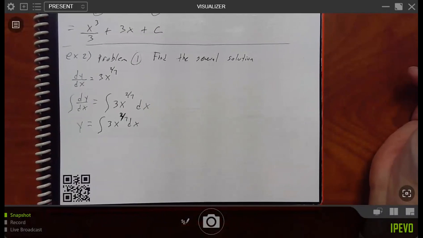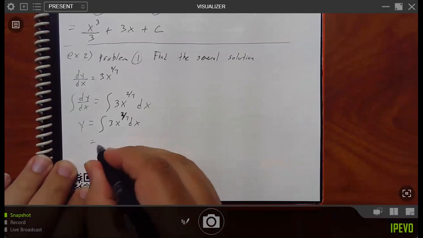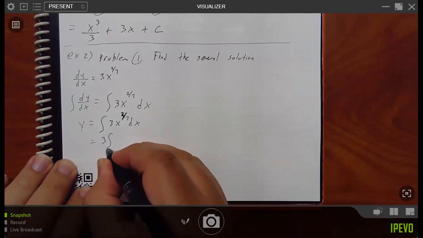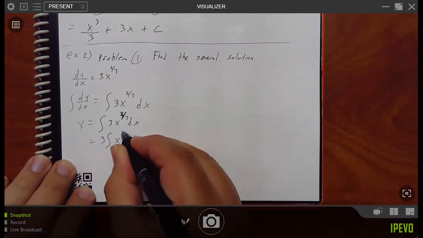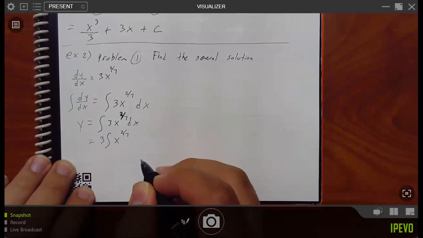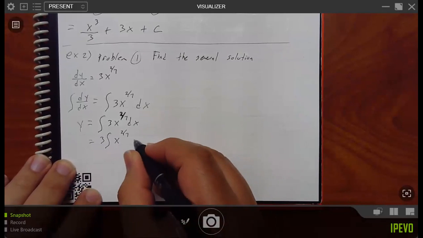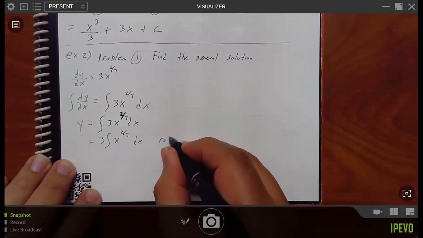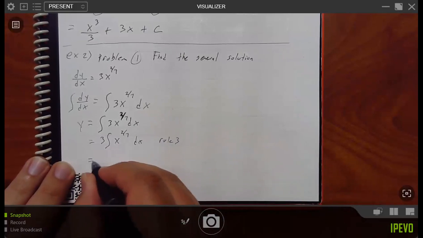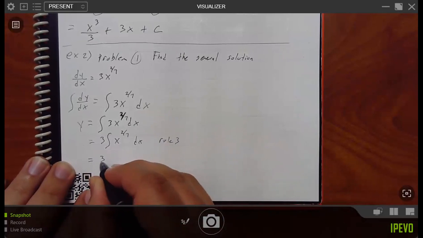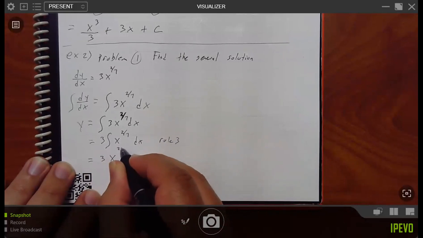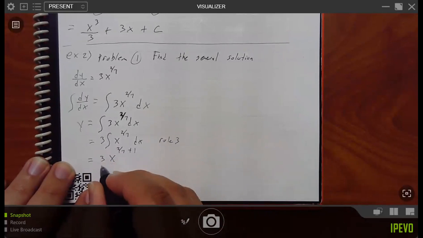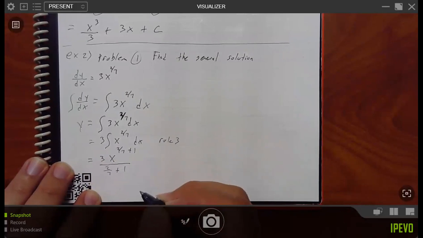Anyway, we have a rule that says we can just ignore that 3. I think that was rule 3. And then rule 5 says do the power rule. So that would be x to the 2/7 plus 1 over 2/7 plus 1.